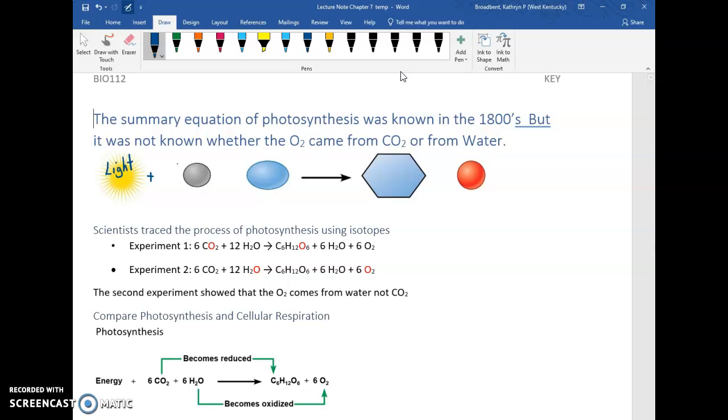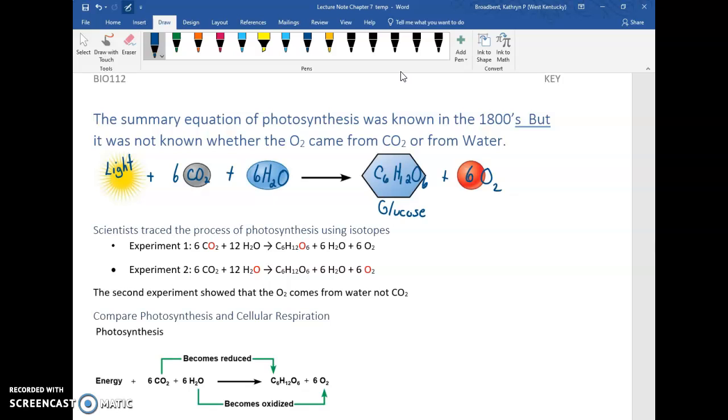And we need carbon dioxide. 6 carbon dioxides plus 6 waters will give us a sugar, glucose. And it will also give us 6 oxygen molecules.